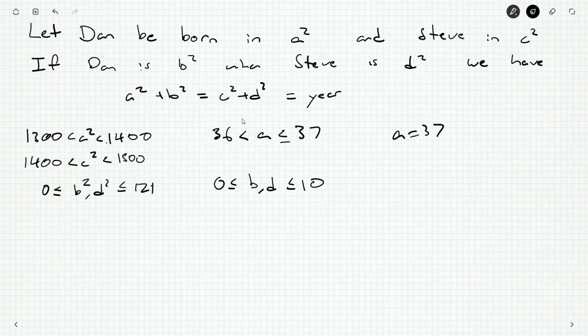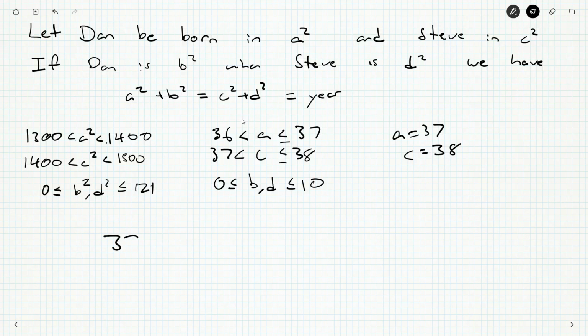That tells me pretty quickly A has got to be 37. And C also has a range, less than or equal to 38. So C is going to be 38. There's nothing else we can do here.